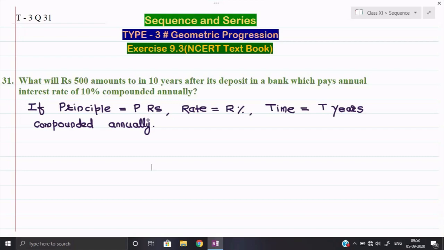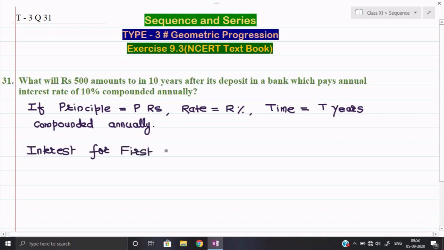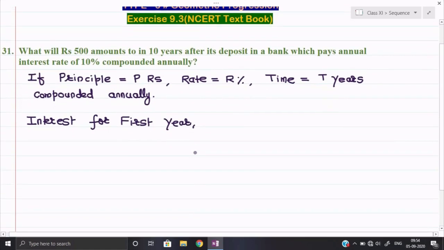So see, suppose I find out, first I will write down here interest for first year. Here for the first year, if I am finding the interest, I will show it by the symbol I1.